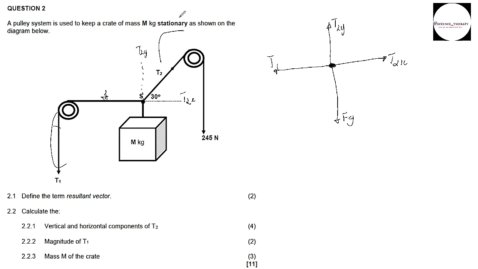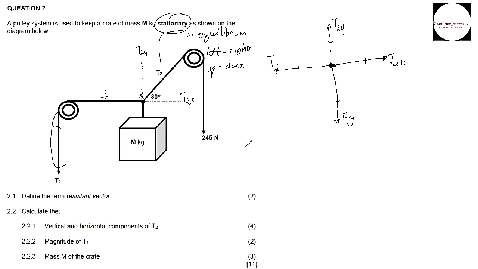At this point, if we say this is stationary, which suggests that the system is at equilibrium, it means that the forces on the left are equal to the forces on the right, and the forces upward are equal to the forces downward. So it simply means that T1 equals T2x and T2y equals Fg.